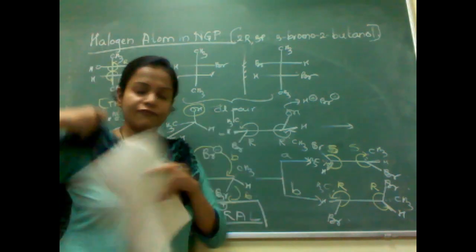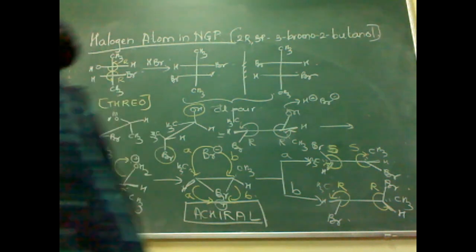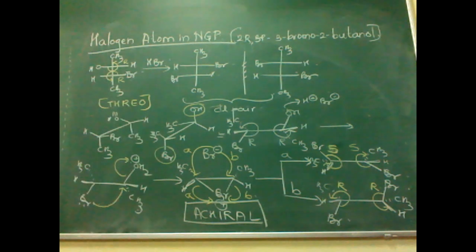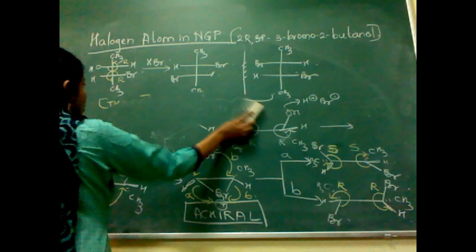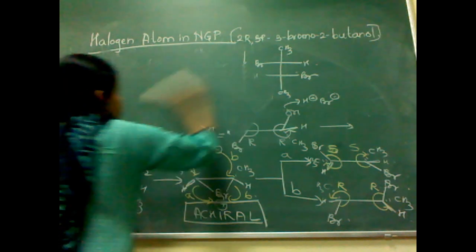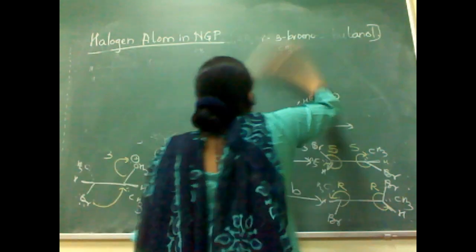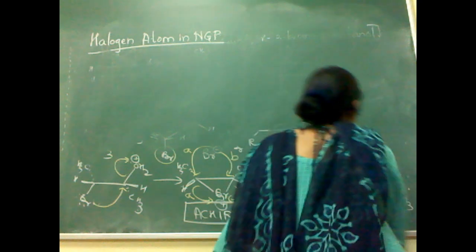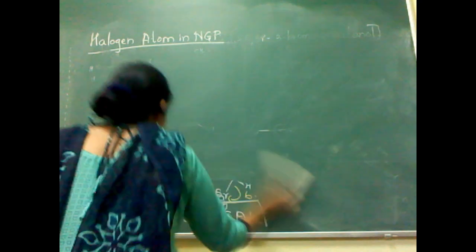Then you have the erythro isomer. So let us try to see what exactly is the observation in case of the erythro isomer.